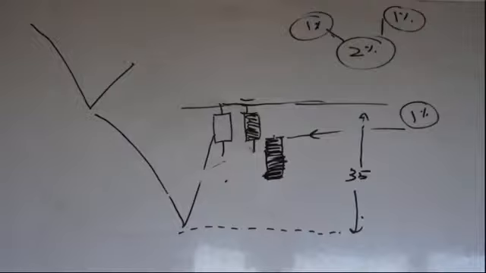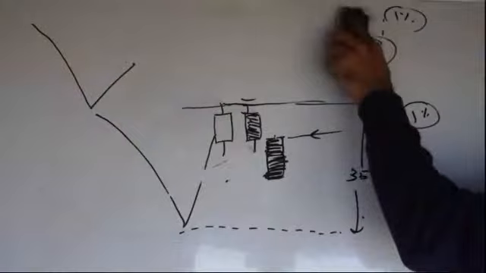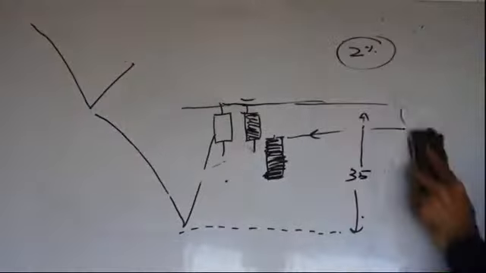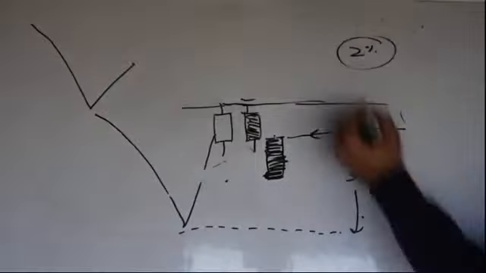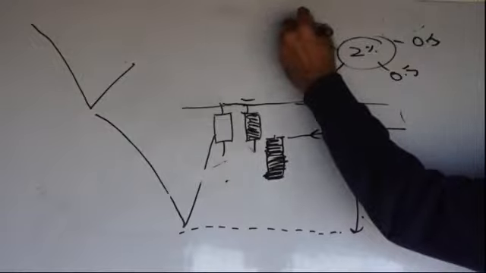Now, for example, instead of using 2 positions, you're going to say, okay, I'm going to be a little bit more risk averse, and what I'm going to do is break this down into 4 0.5 lots. 1, 2, 3, 4.